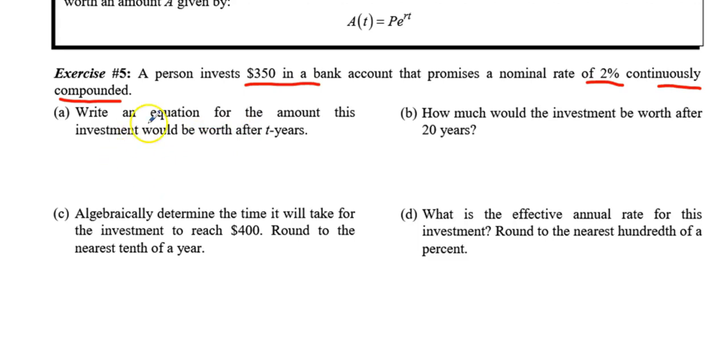Okay, so applying this formula, the continuous compound interest, it would be something like this. A of t equals our initial amount, that's our P, principal, times e to the 0.02t power, where 0.02 is our rate, t is the amount of years. So what would it be in 20 years?